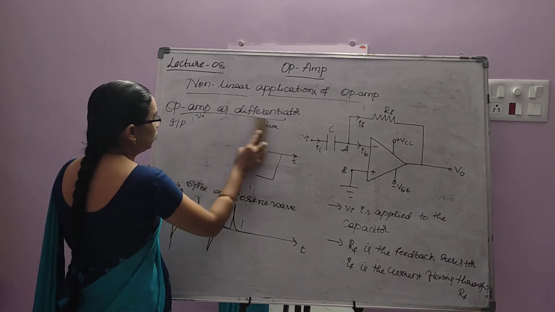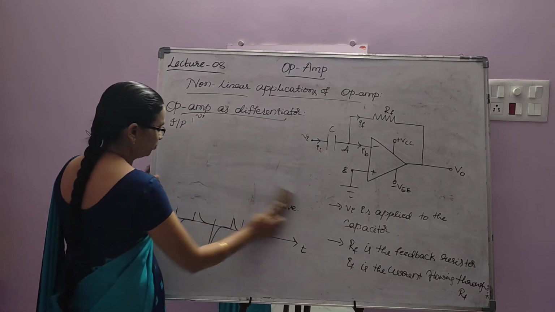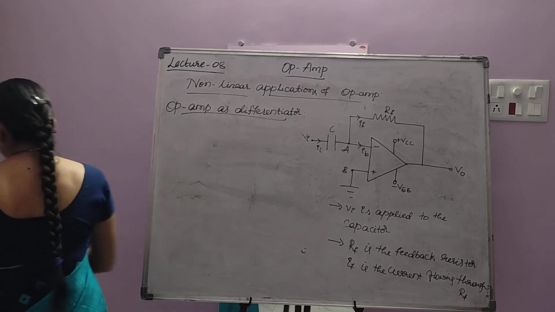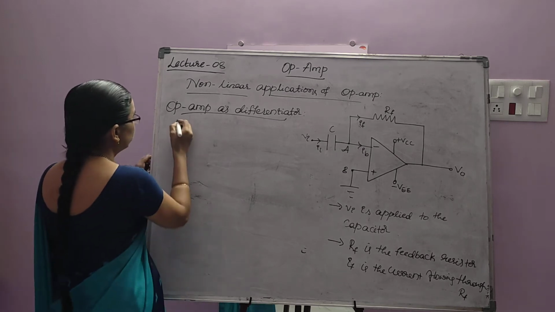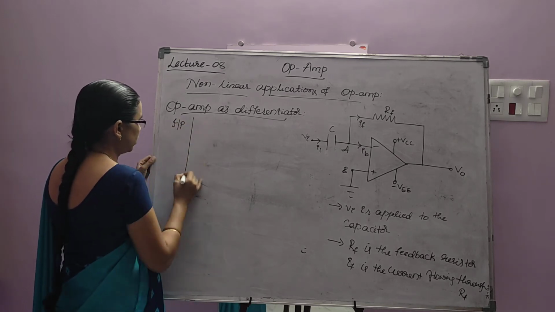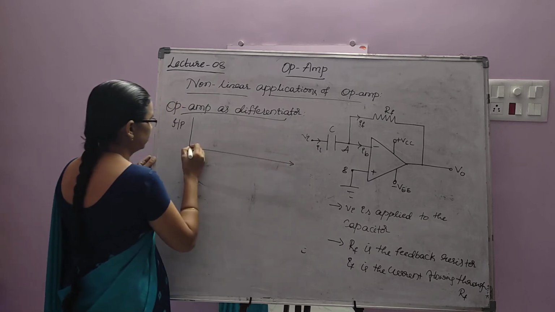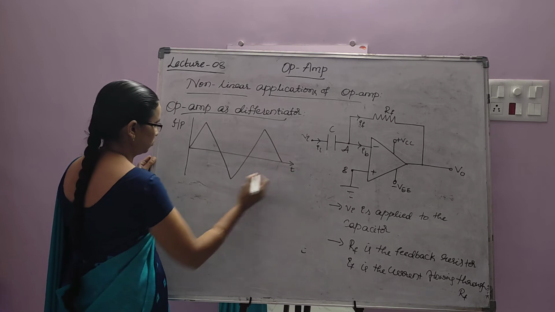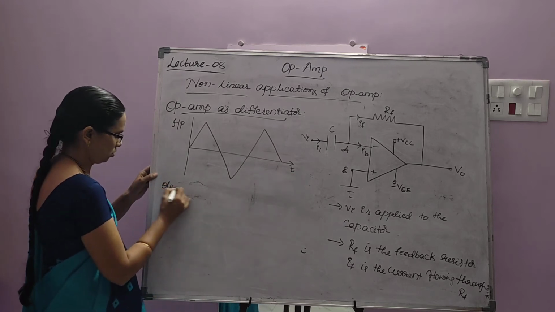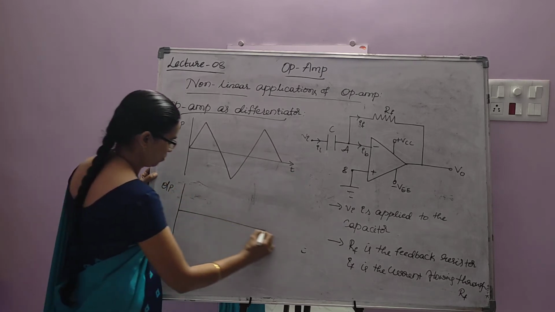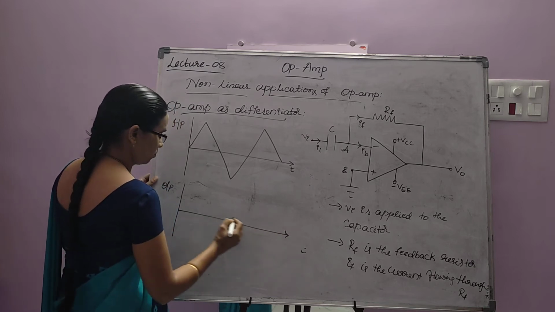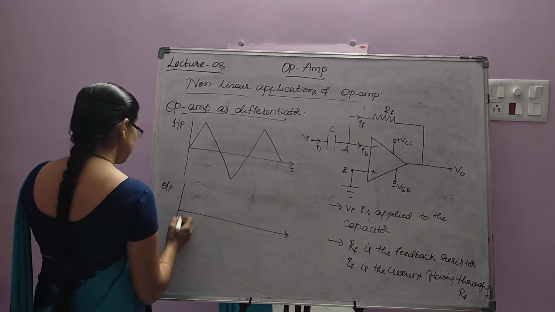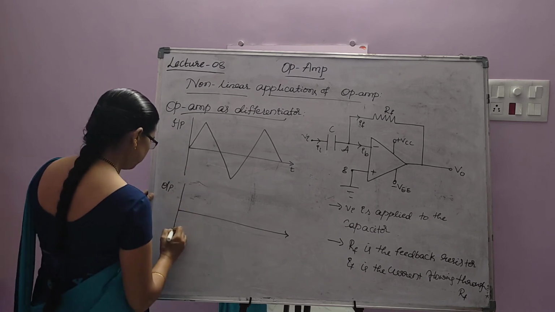And if the input of the differentiator is a triangular wave, the output is a square wave, but in the inverted version.